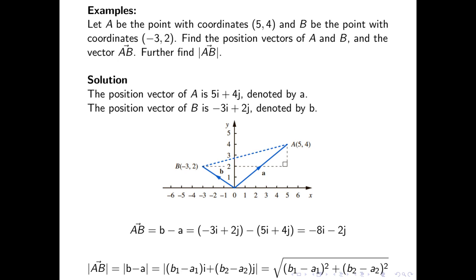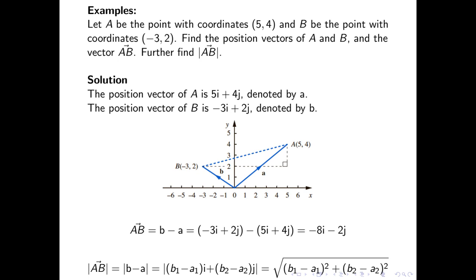Here is an example to describe further the Cartesian coordinate representation. Suppose we have a vector A, or let A be the point with coordinates 5 and 4.